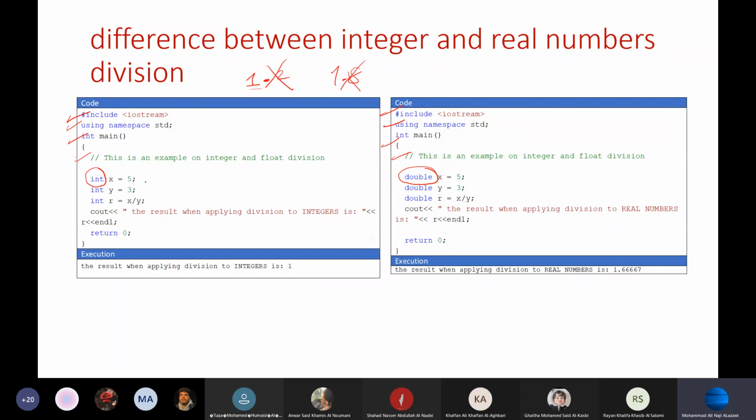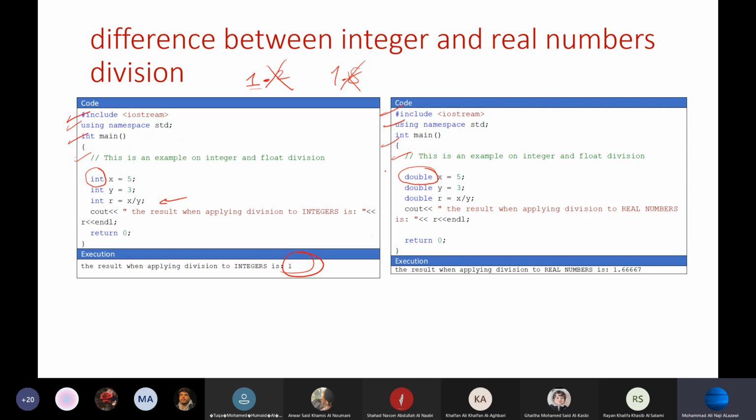So integer x equals 5, integer y equals 3, integer r equals x divided by y. Then the result r is returned. After executing this, I will get the result of 1.